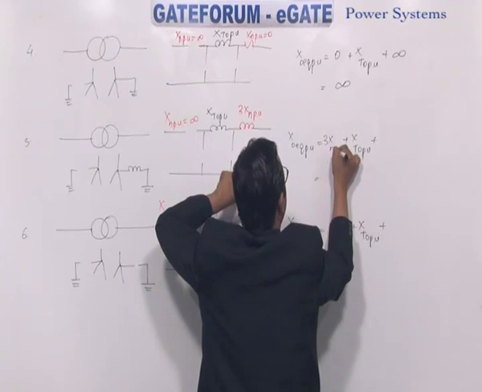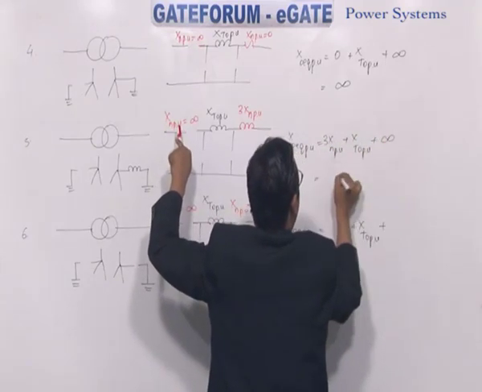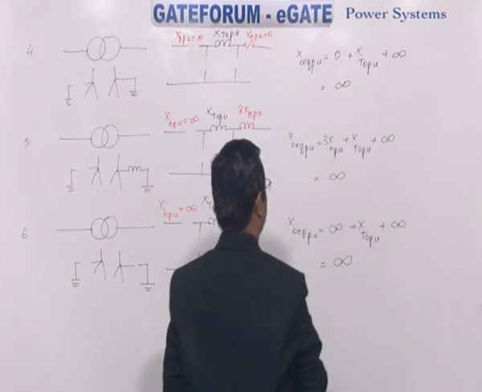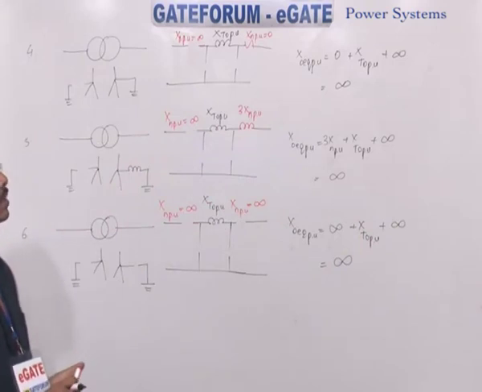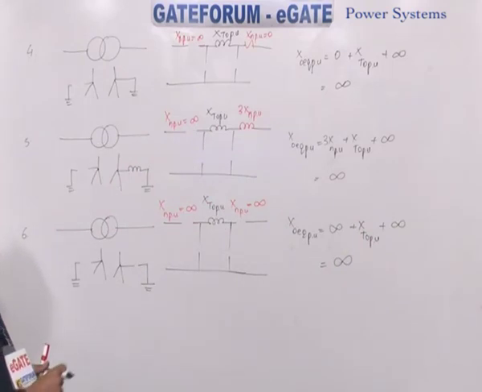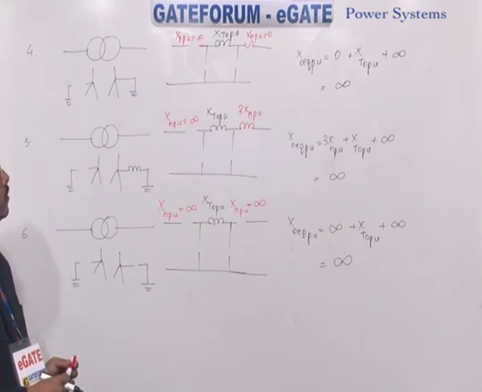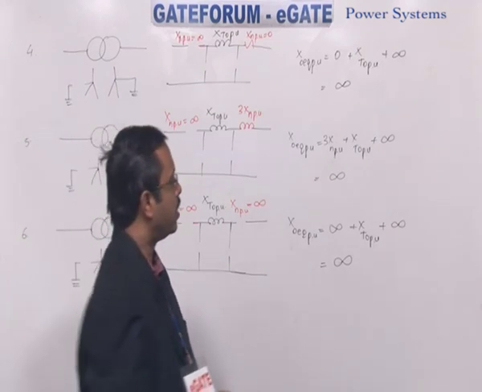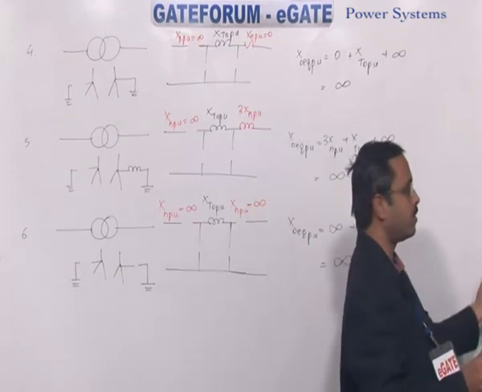Here 3Xn per unit and infinite. Here lastly it is infinite. So this is how you find X0 equivalent per unit. How much are they equal to? Infinite. So this is how you analyze the next three questions of the zero sequence networks of transformers.